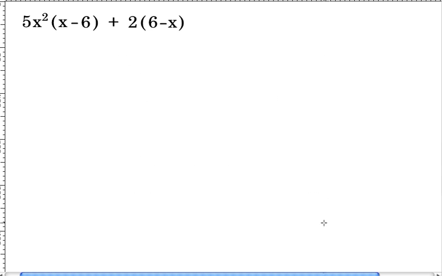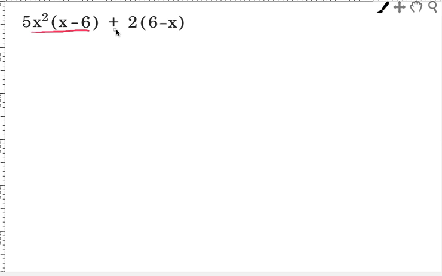Let me go to the drawing problem here and bring in my pen. And so we have two terms here, and I could factor out an x minus 6 if this was an x minus 6. It's not. It's very close. And so the question is, how do I make it so? Let me recopy this first part here.